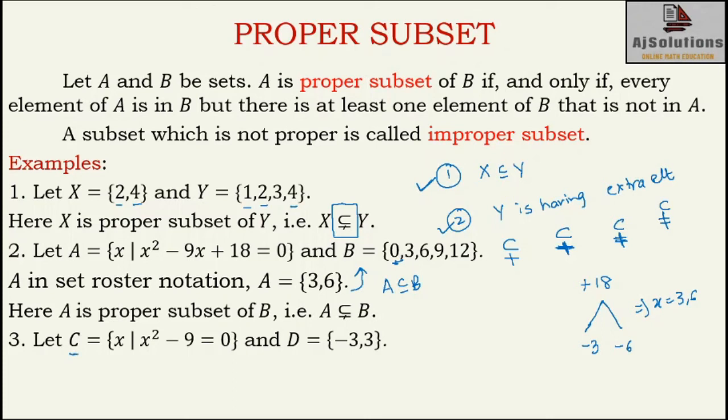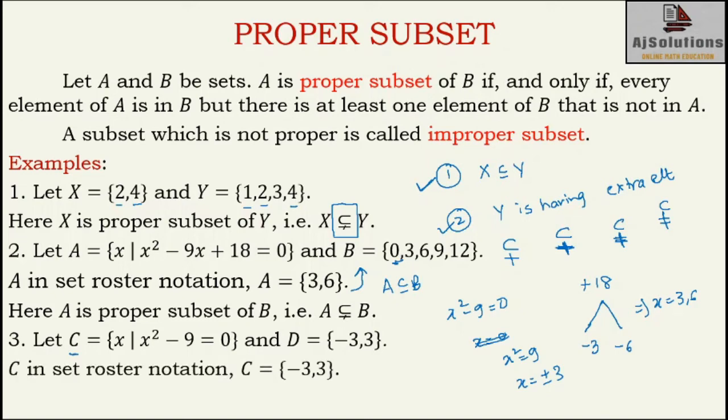I'll have to solve this to write it in roster form. To solve this, I have x square minus 9 equals 0, nothing but x square equals 9. So x equals plus or minus 3. So that is why C in roster notation is {-3, 3}.